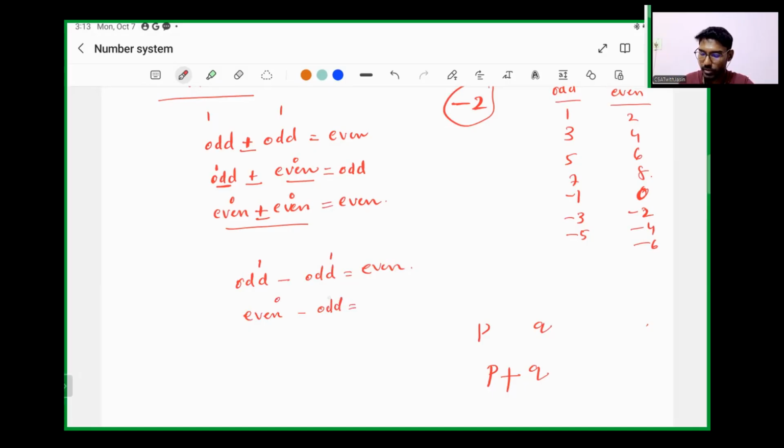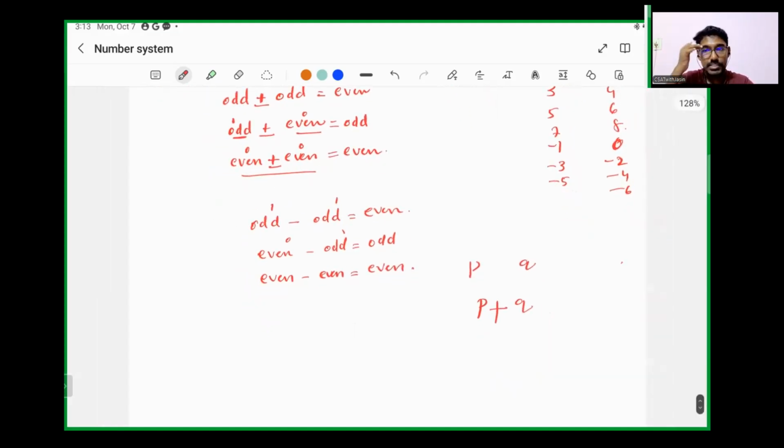So if I am taking 0 and 1, 0 plus 1 is 1, it's odd. So it will be odd. Or you can take it as 0 minus 1. It's minus 1, again it's odd. Now even minus even, 0 minus 0, it's 0 itself, it's even. So study this one, this is addition.